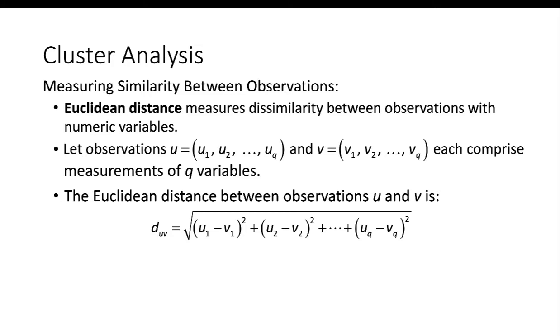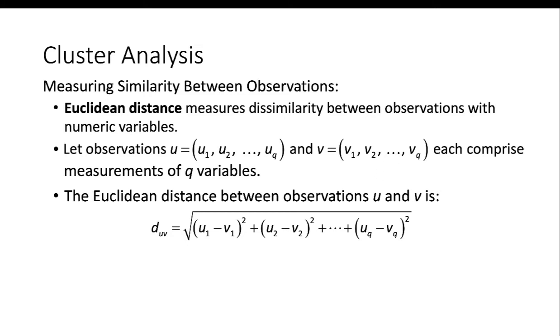Some metrics check similarity between observations, and a clustering method using this kind of metric would try to maximize the similarity between observations. Other metrics measure dissimilarity or distance between the observations, and a clustering method using one of these metrics would try to minimize the distance between observations in a cluster.